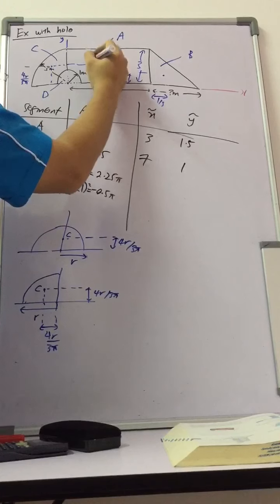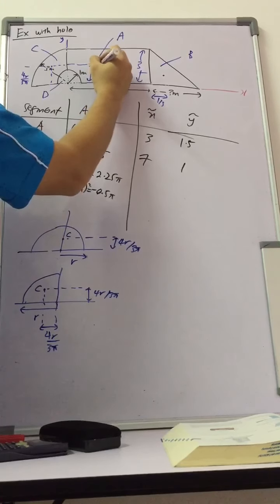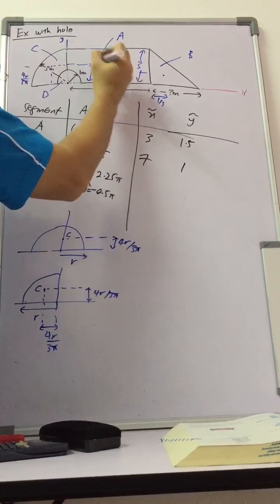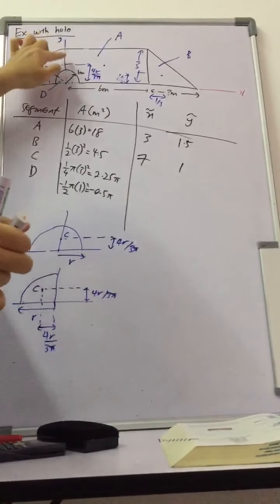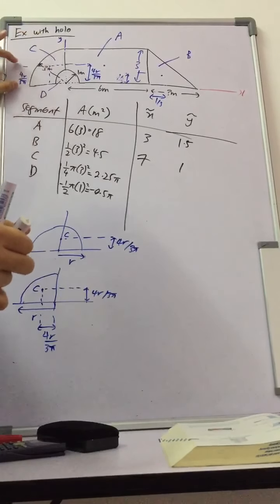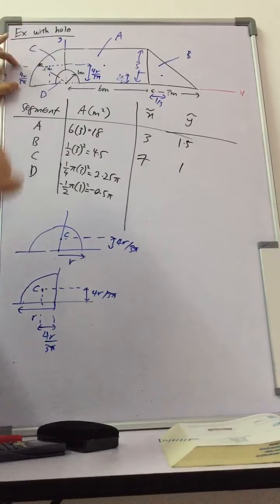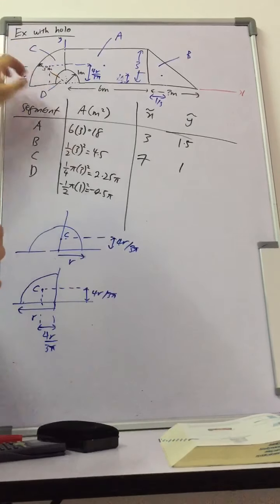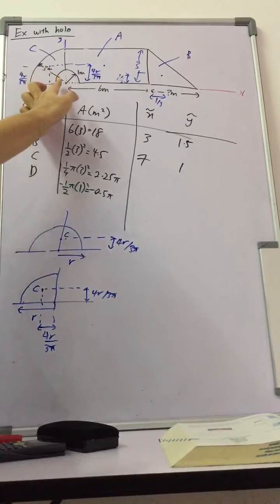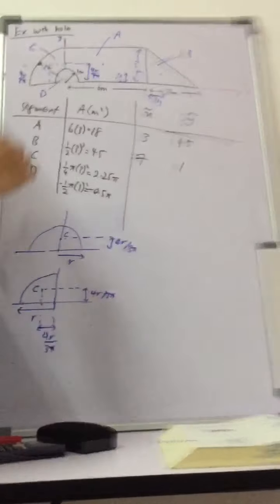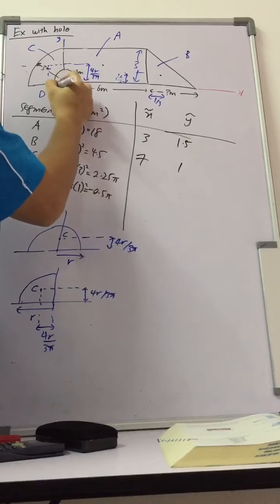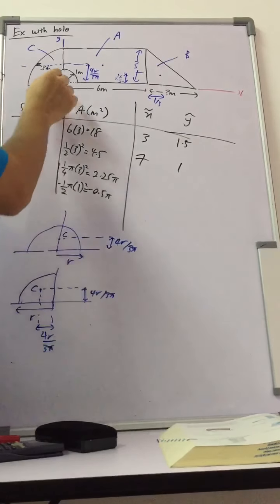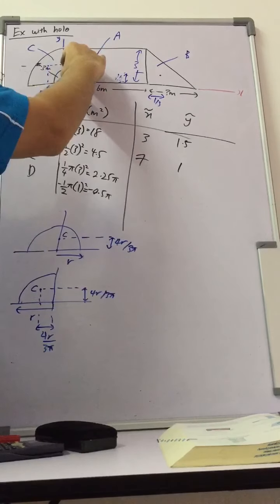And this is 4r/3π. Can you understand that? So this is a quarter circle, 4r/3π from the center.